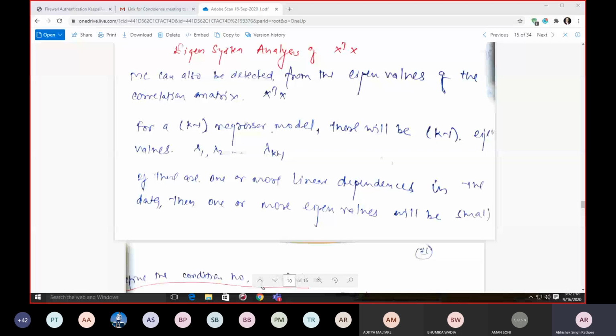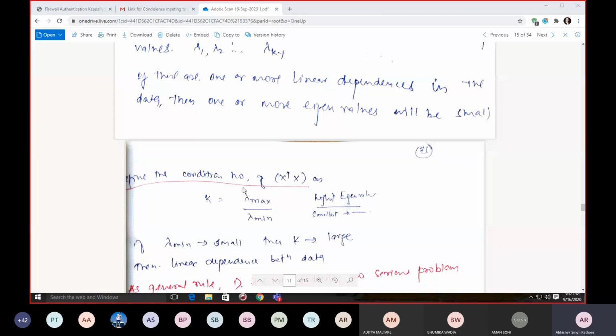If there exist one or more linear dependencies in your data, then one or more eigenvalues will be small. So let's say we consider a coefficient k, with lambda max and lambda min.